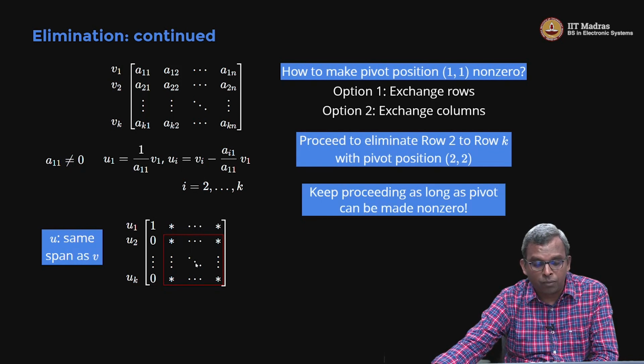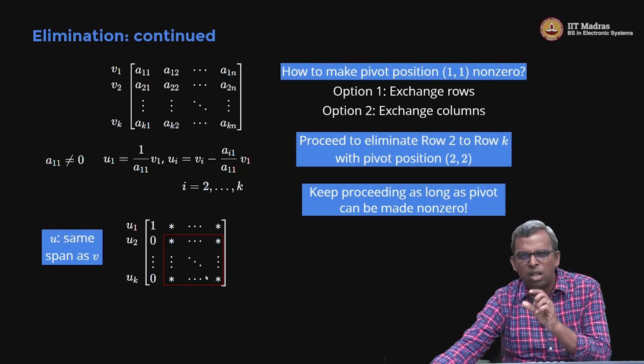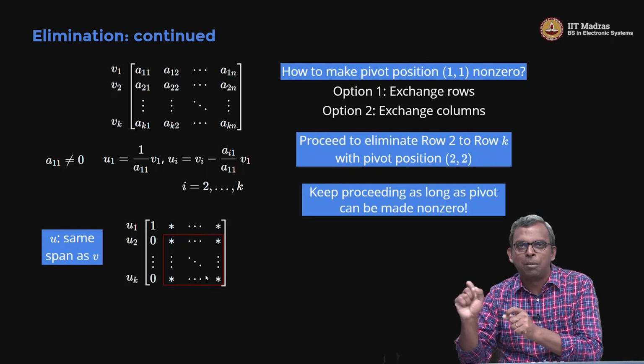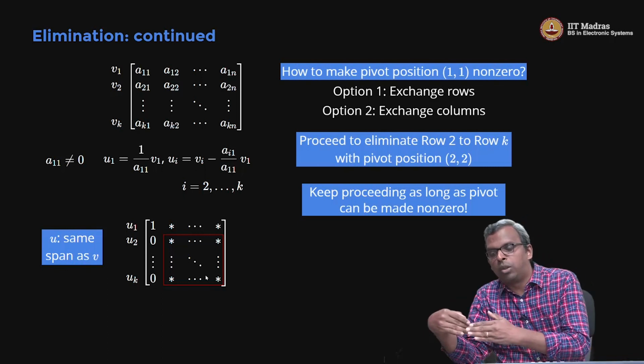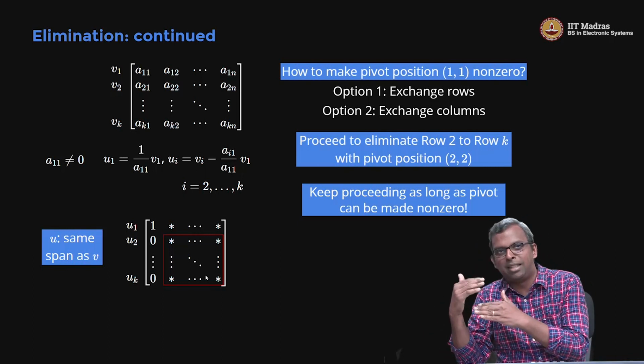When will I get stuck? When will I stop? If I cannot find any non-zero here, then I will stop, right? At that point also, you can push that 0 row below, bring any non-zero row above, and then do a column exchange. So you can keep doing this as long as you can make the pivot non-zero with exchanges below. You cannot go back above and redo anything that's above you.